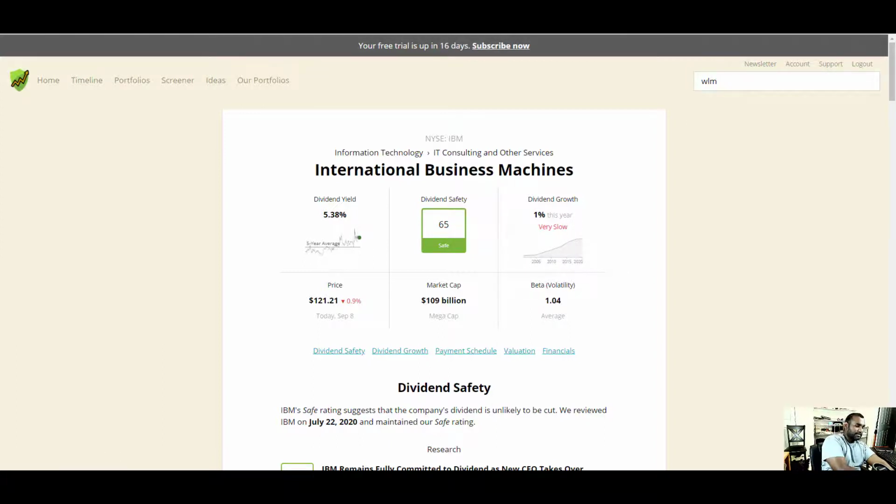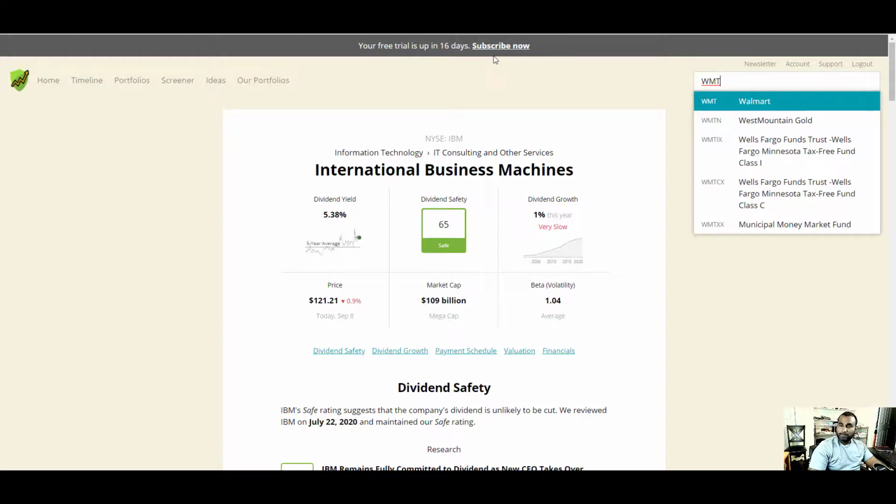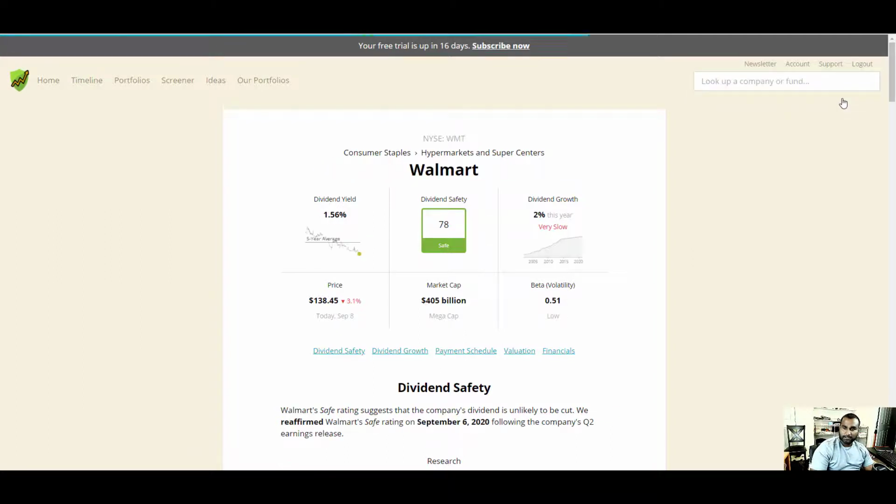One second, guys. I think I need these. Stock symbol is WMT for Walmart. Their dividend safety is 78.